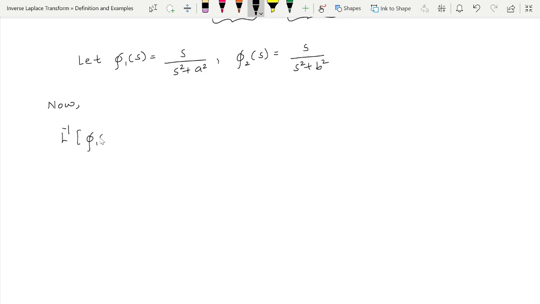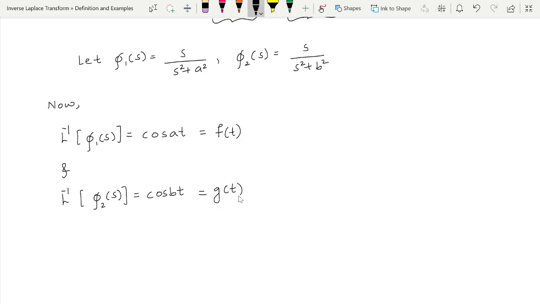It is cos of at. And what about L inverse of phi 2 of s? L inverse of phi 2 of s is equal to cos of bt. So this is our g of t, or f of t, I suppose. We call L inverse of phi 1 of s as f of t, and this is our g of t.